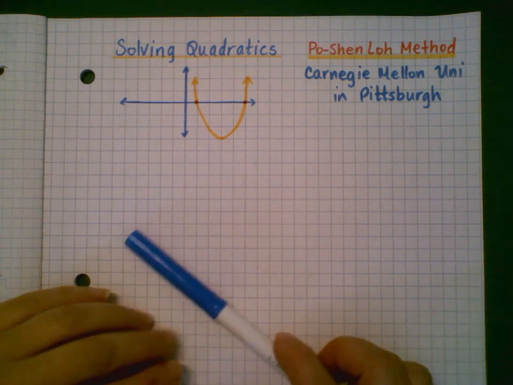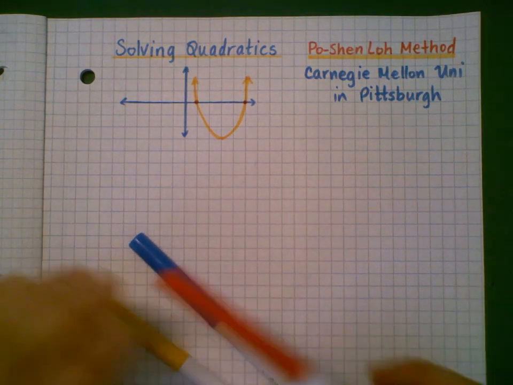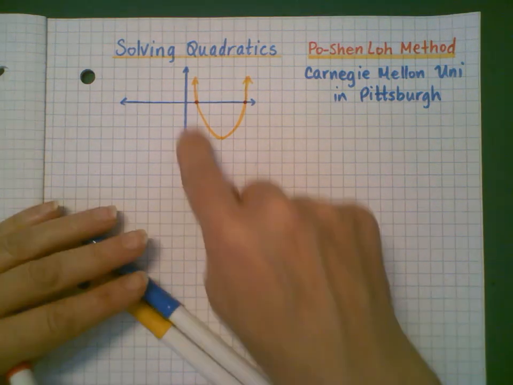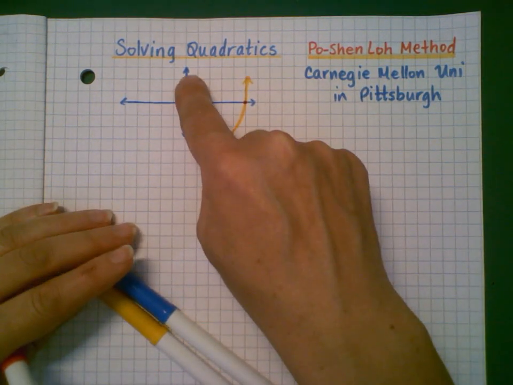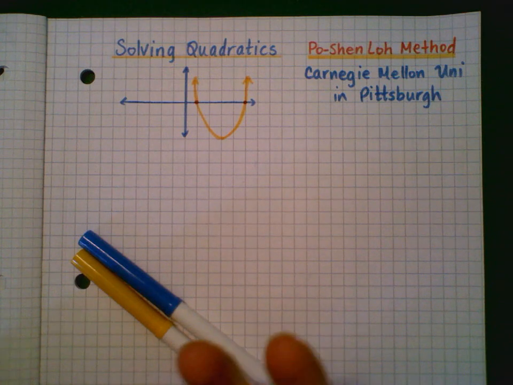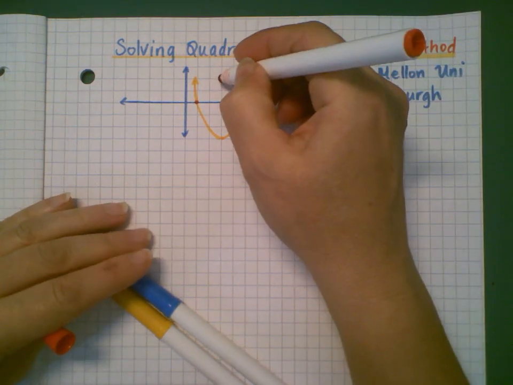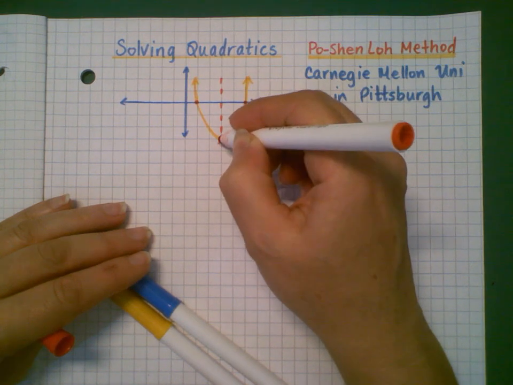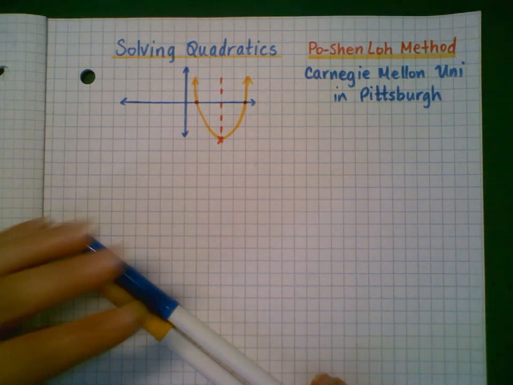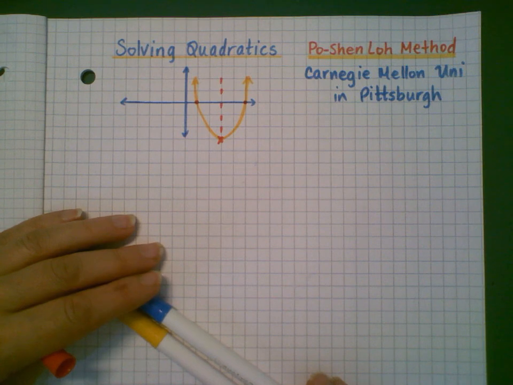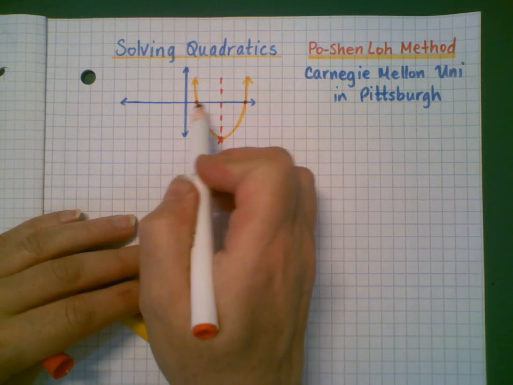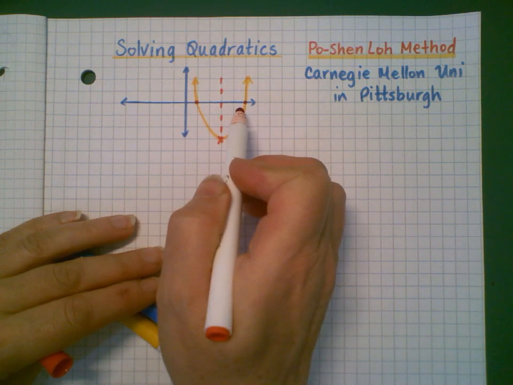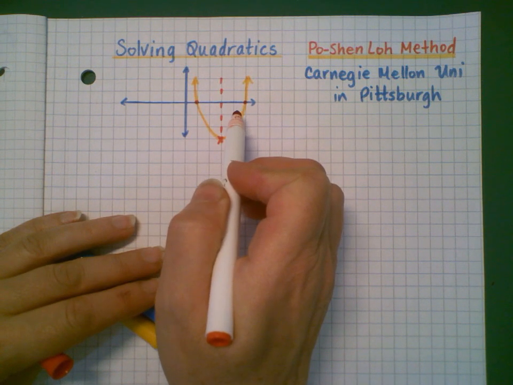And really the heart of this process is based on a really simple concept, which is that the shape of a parabola, the shape of the graph, of the curve, is symmetrical, and that there is a line of symmetry that goes straight down the center and it crosses at the vertex, so the minimum in the case of the one that I've drawn here, and that each of the zeros are going to be exactly the same distance to the left and to the right of that value.